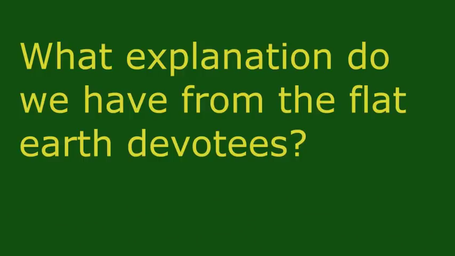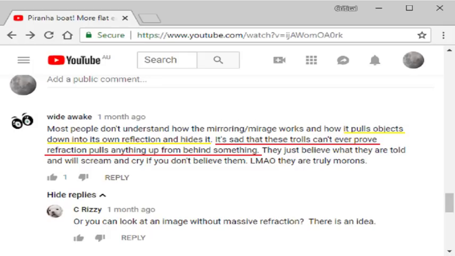So what explanation do we have from the flatties? Here's one. Wide Awake says it pulls objects down into its own reflection and hides it.